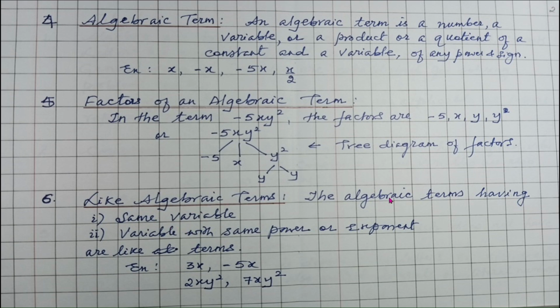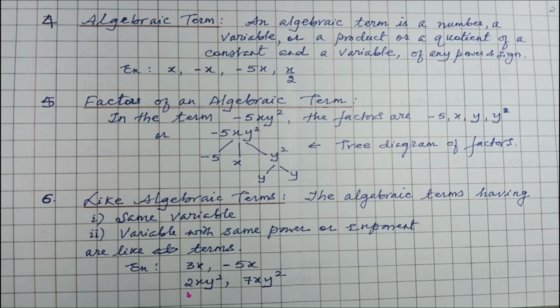Like algebraic terms: the algebraic terms having the same variable with the same power or exponent are called like terms. Let us understand this. Now, if you look at 3x and minus 5x, the variable is the same, the power of x is 1, the power of x is 1 here also, and therefore they are like algebraic terms. Please remember, the sign and the numerical coefficients are neglected, not taken in deciding like algebraic terms.